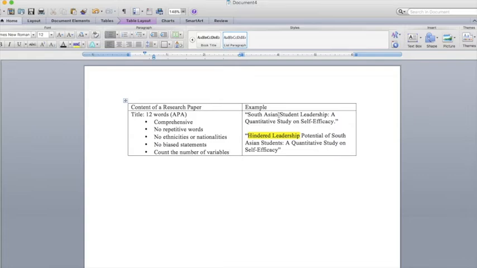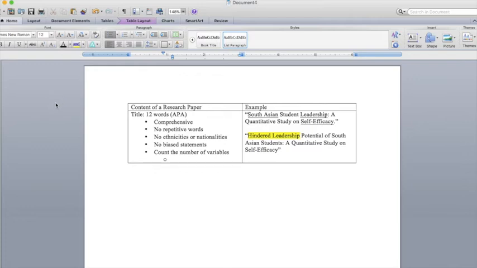Now, this is our title. South Asian is a variable in my study. Student leadership, if not leadership, is another variable that I have in my study. Self-efficacy is another variable. Now these are variables.